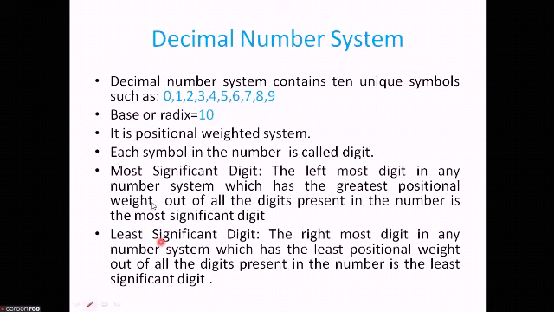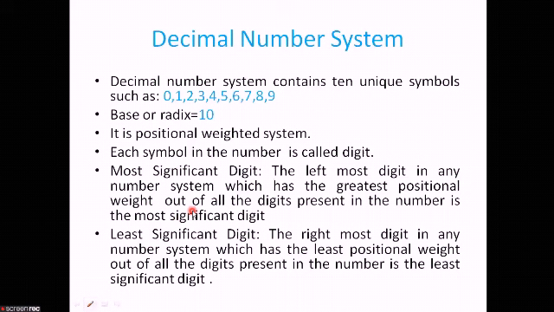Now this MSD and LSD have got huge importance in all the number systems. In number systems other than the decimal number system, they are represented as MSB and LSB. Why? Because in the decimal number system each of the symbols is called a digit.